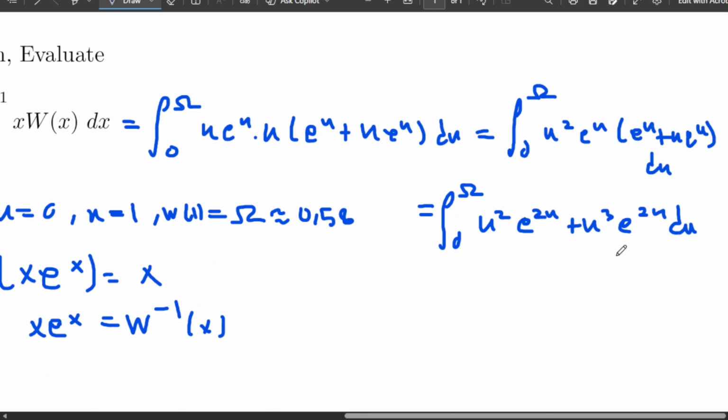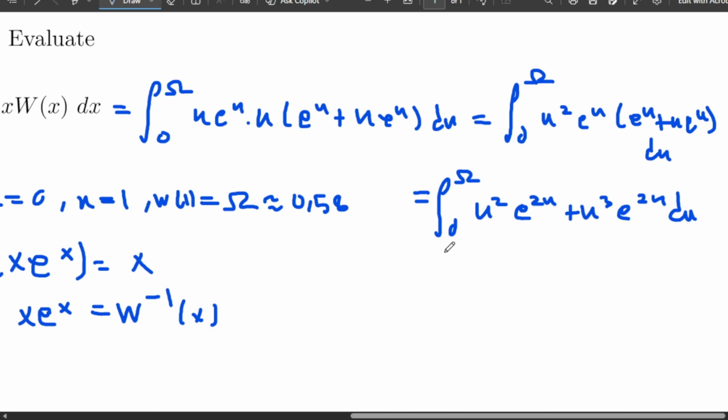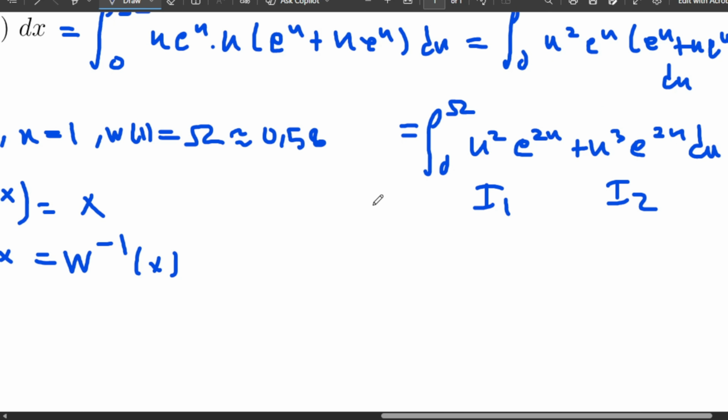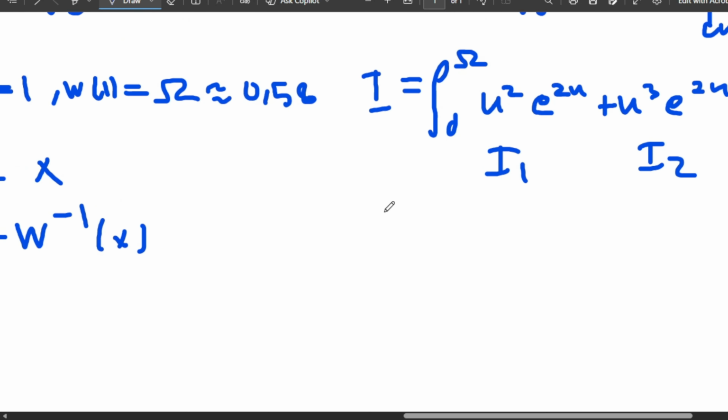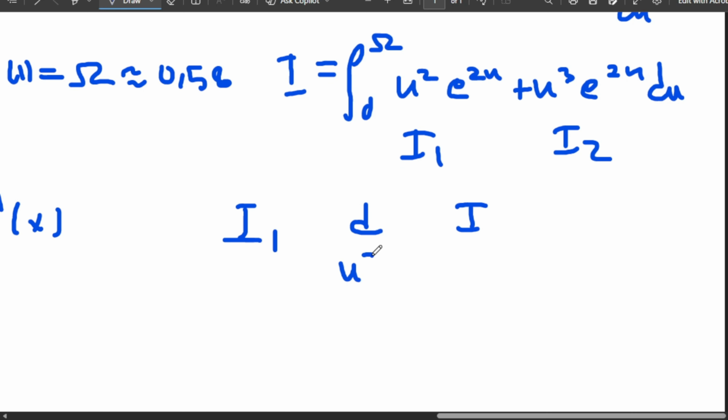We use the DI method for this. Okay, this is our first integral. The second integral, let this be our I. The first integral, use the DI method for partial fraction.